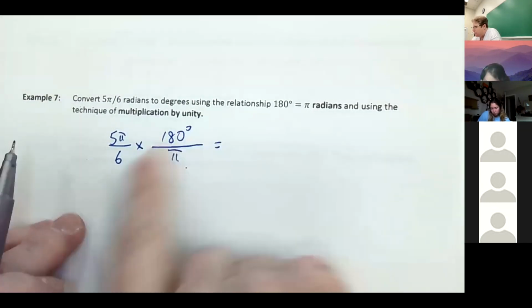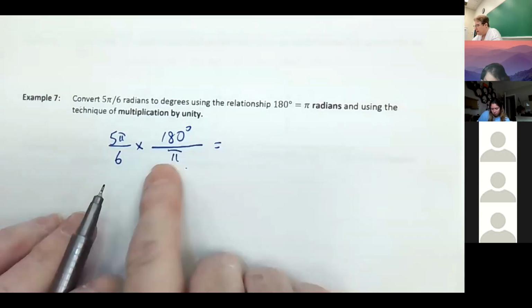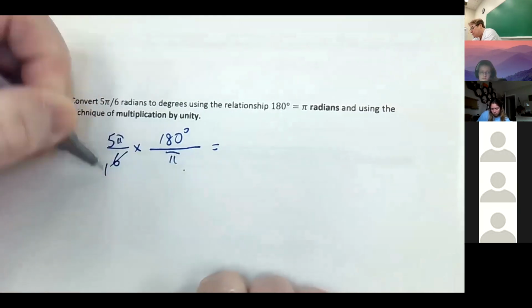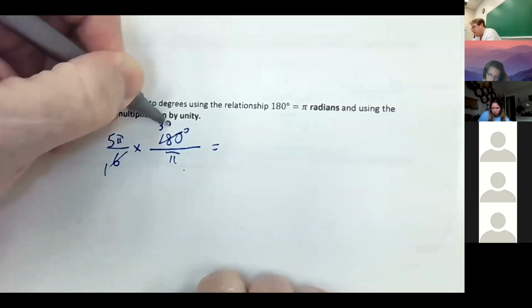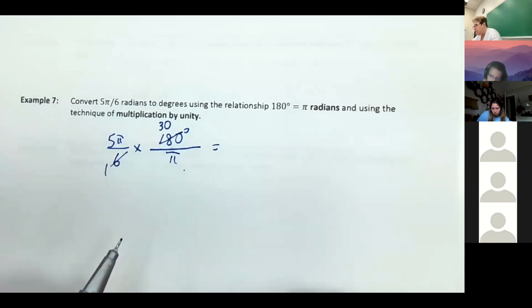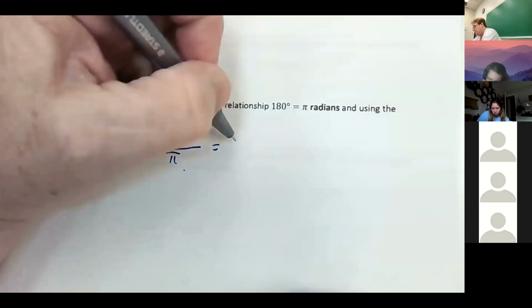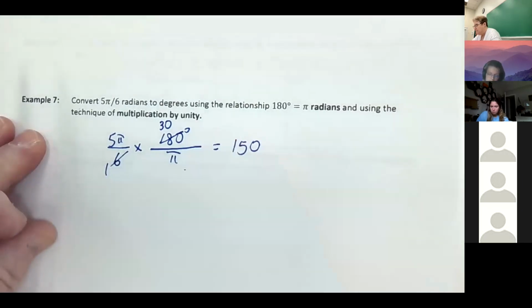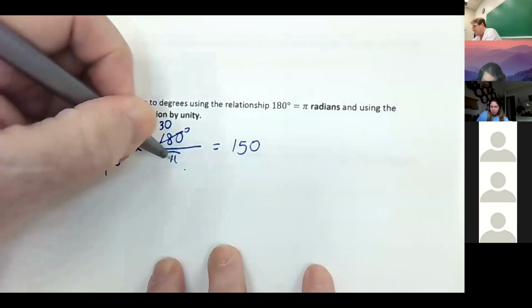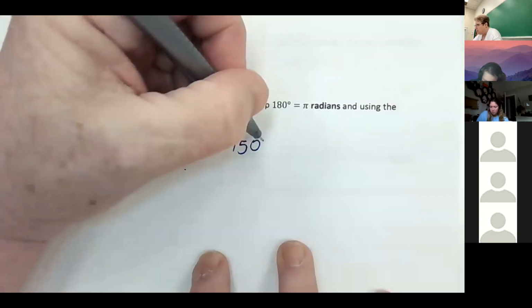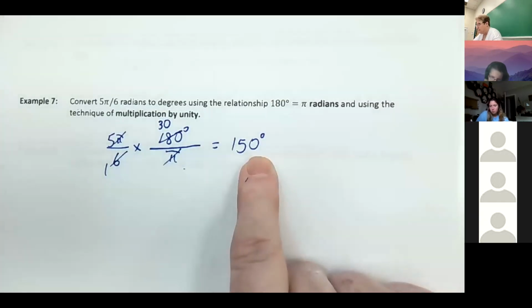And I want to simplify this fraction before I multiply. 6 goes into 18 evenly. Excellent. So we got 5 times 30. And what happens to the pi? Excellent. So 5 pi over 6 is exactly the same as 150 degrees.